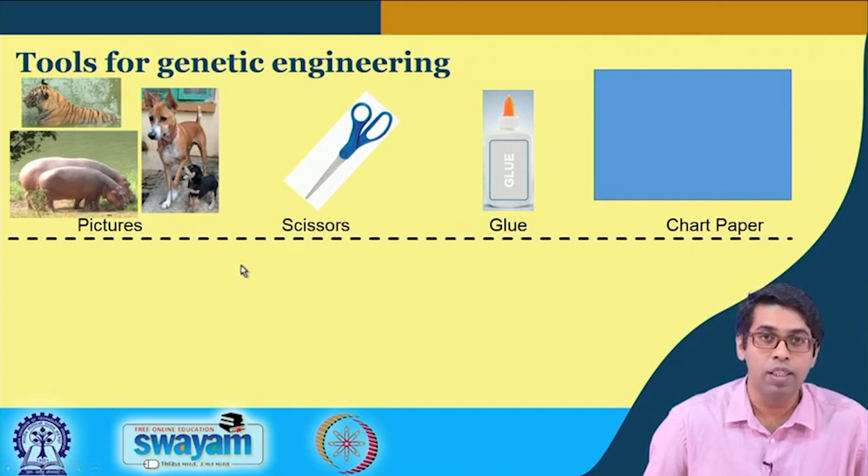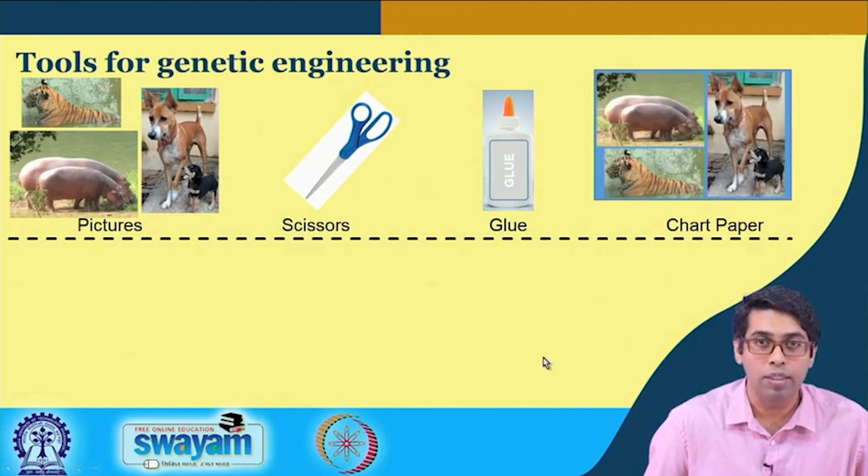The tools that you need are scissors, so that you can cut these pictures according to your need. You want to stick them into a particular book or chart paper, so you need glue for pasting them, and then this chart paper is the platform on which you put all these pictures. So, you cut them, you paste them onto this, and this is your final collage, right.